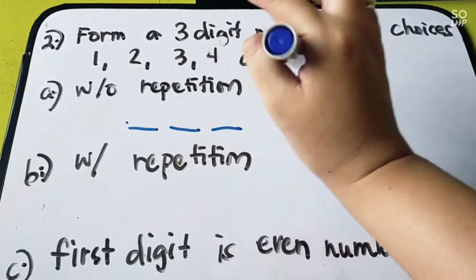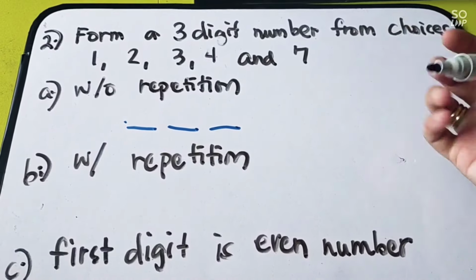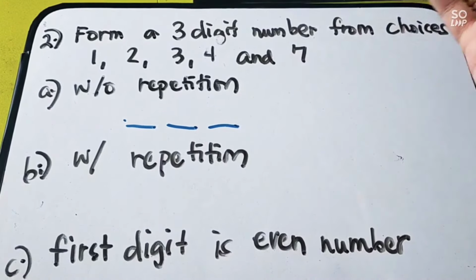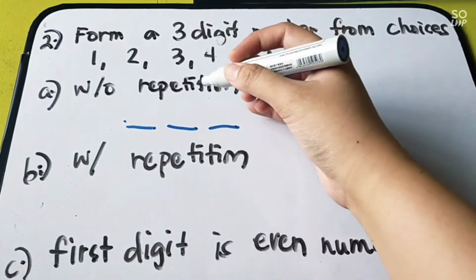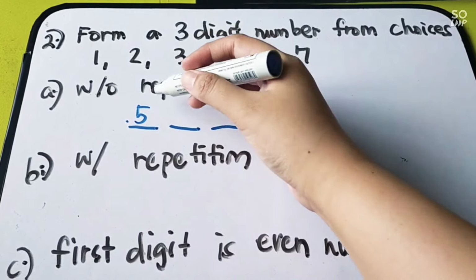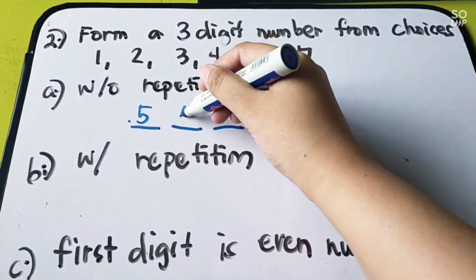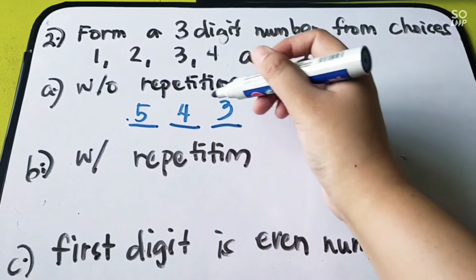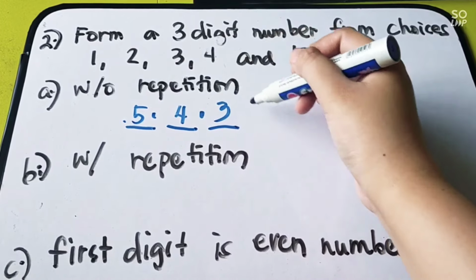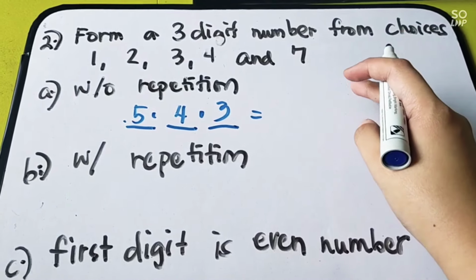So, ang involved natin ay how many objects? 5 objects po. Taken lang po natin ay 3. So, sa unang digit, pwede kang kumuha ng 5. Then, next, we have 4. We have 3. So, we have 5 times 4 times 3. So, ganun lang kasimple kapag without repetition.